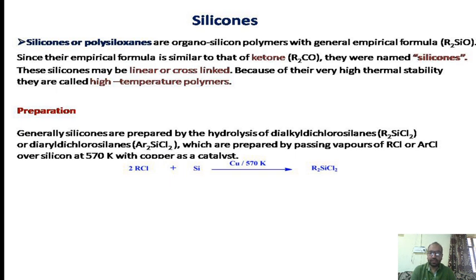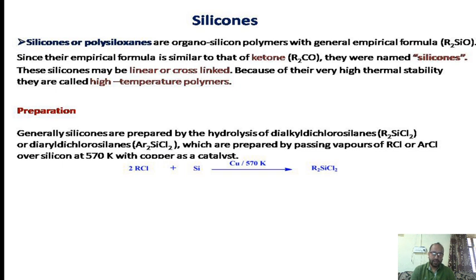Now the preparation of silicones, how these silicones are prepared. Basically these silicones are prepared by the hydrolysis of dialkyl dichlorosilane or diaryl dichlorosilane, depending upon the product we want. Whether we want alkyl substituted silicones or aryl substituted silicones, we take the same type of starting material.